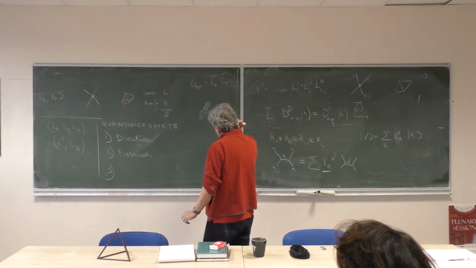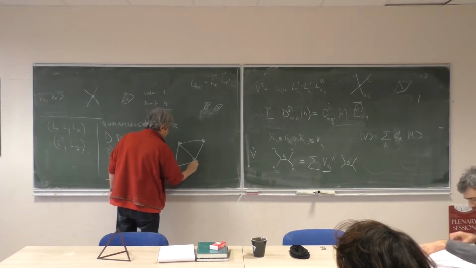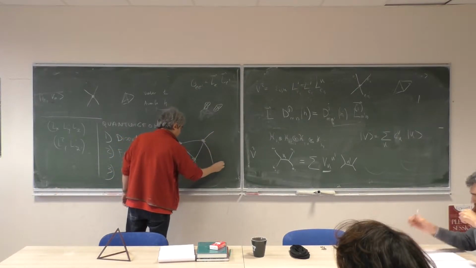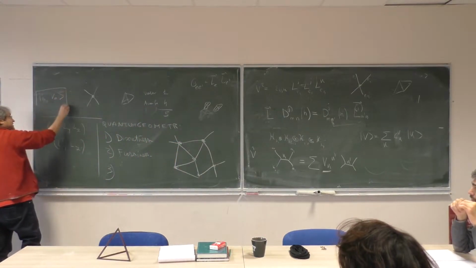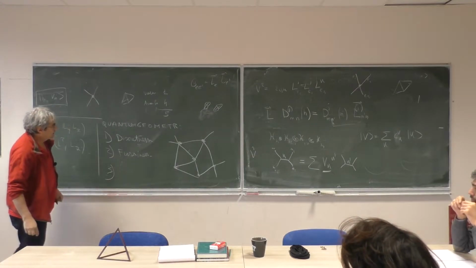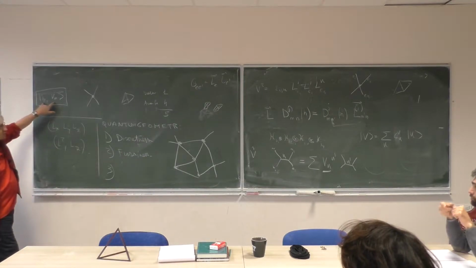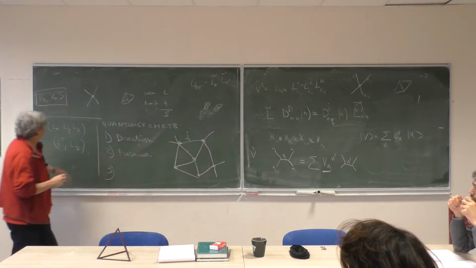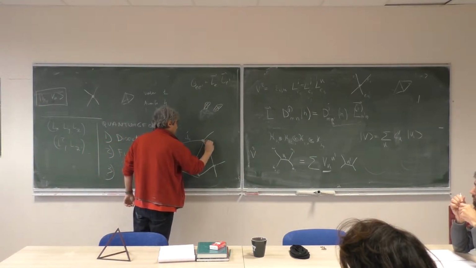So, as I said, a spin network state can be described by a graph with these quantum numbers. The j's sit on the links, and the v_n sits on the node.